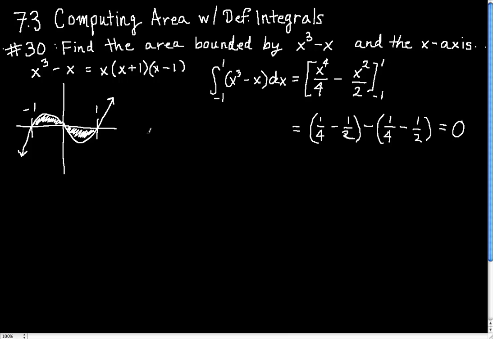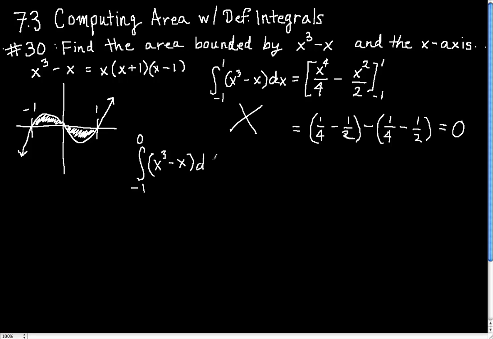So what do we want to do? Why don't we take the part that's positive and calculate that area? And the part that's positive is from x equals -1 to 0. So this is not correct. I'll start by integrating from -1 to 0 of my function x cubed minus x.